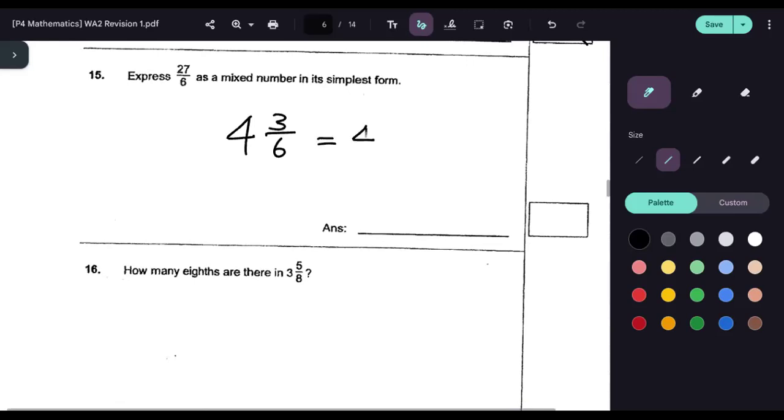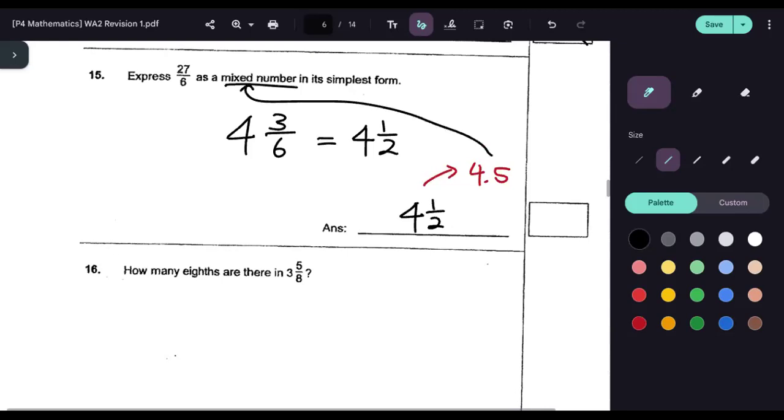So answer will be 4 and 3 over 6. Okay, so answer is 4 and 3 over 6. Do not, and I repeat, don't write this as 4.5 because they ask for a mixed number. Okay, never write this.